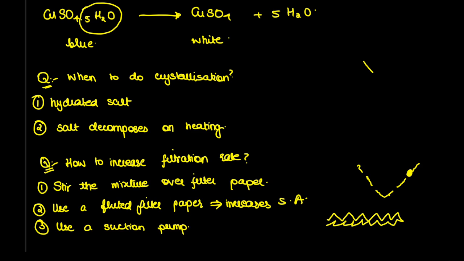What does that mean? For example, this is a filter funnel, this is a beaker, and you place it like this. What that does is it creates a flow. When this flow is created, it fastens up the process.